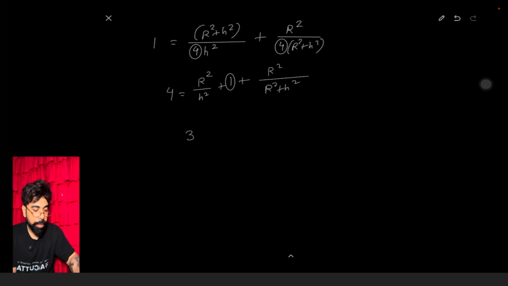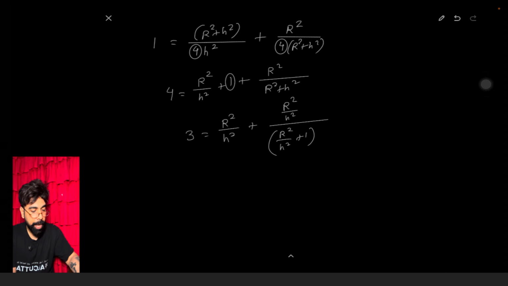Now 4 and 1, so I'll take the 1 on the left hand side, this will become 3, and this is now r square by h square divided by r square by h square plus 1. What I did is that I took h square out and divided. So now I will assume that r square by h square is equal to z.